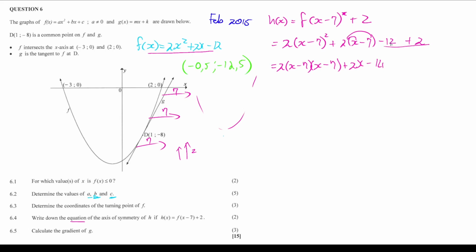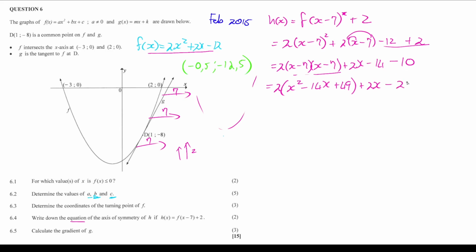I'm just going to combine these two. Negative 12 plus 2 is minus 10. Keep going. These two brackets become x squared minus 14x plus 49. Plus 2x minus 28.